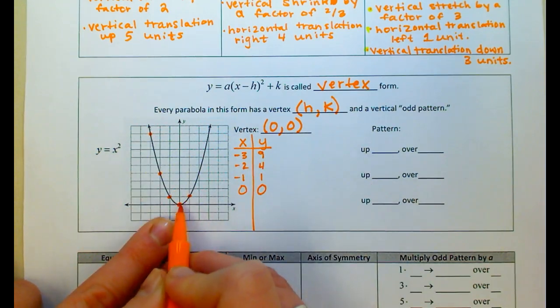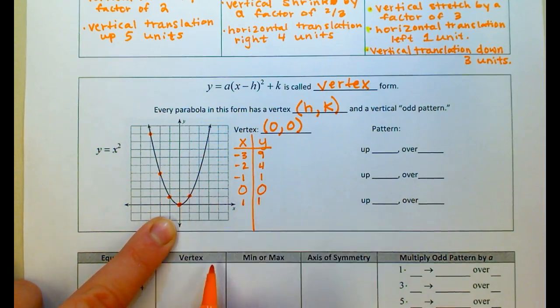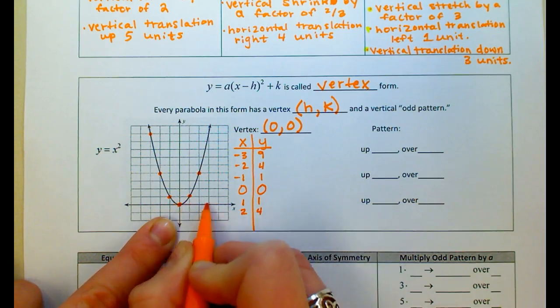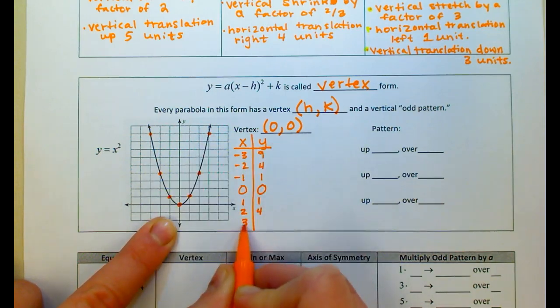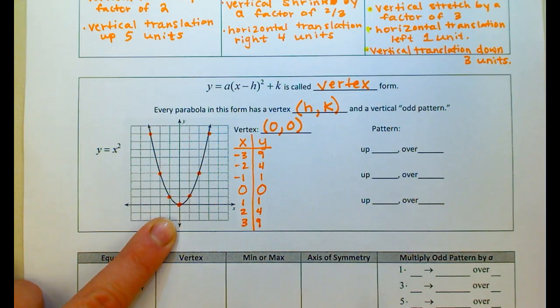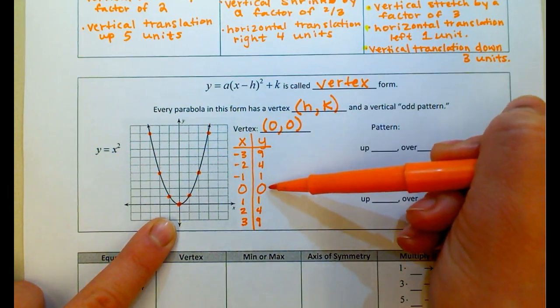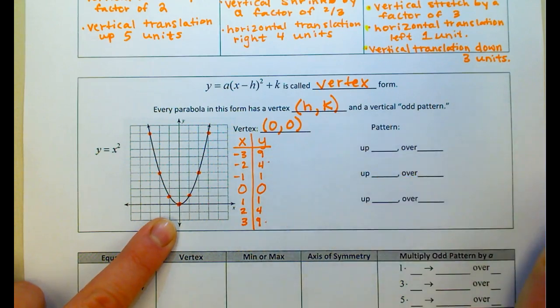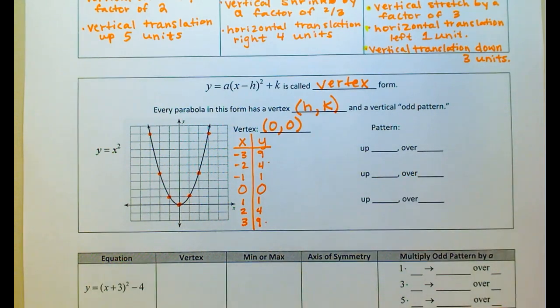On the other side of the graph, we have +1, 1, +2, 4, and +3, 9. Now, once again, don't forget we always have symmetry here from the left side to the right side. Now, I want you to notice this odd pattern and where it comes from.